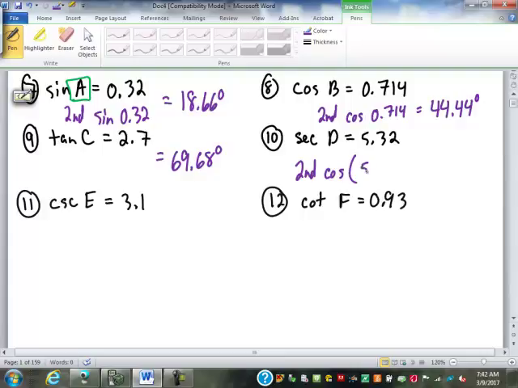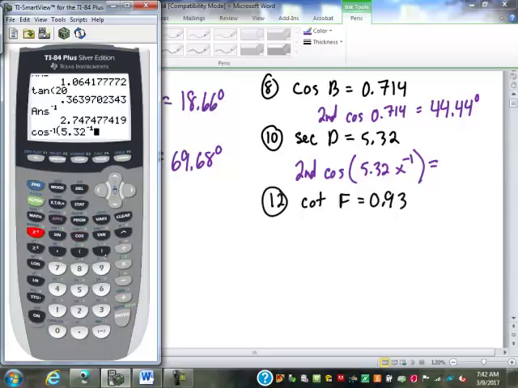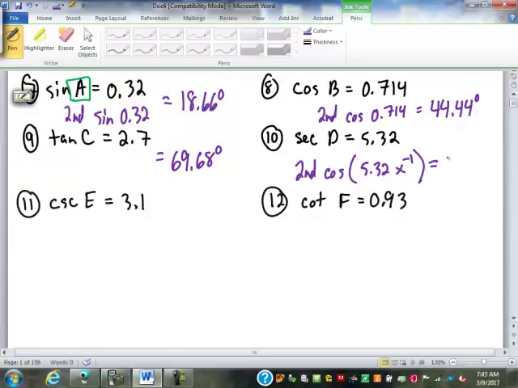And then inside the parentheses, we're going to type in the 5.32. We're going to hit the x negative 1 before we close the parentheses. What'd you get? 79.16? Okay. Yep, 79.17 technically, but yes. Degrees.